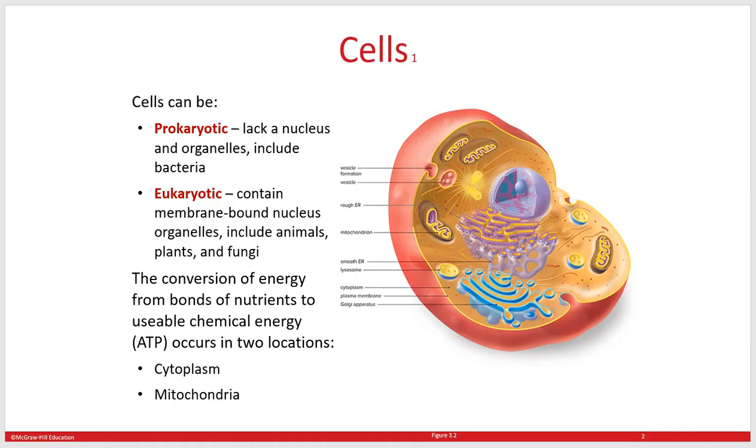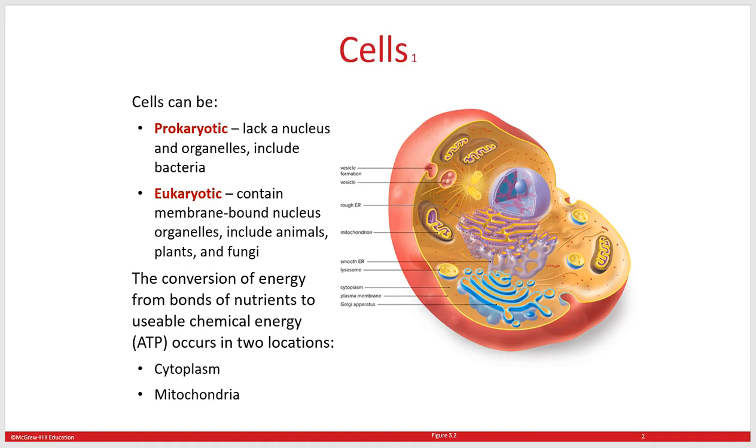We're talking about cells. In the world, there are two types of cells, prokaryotic cells and eukaryotic cells, and it's only those two options. Prokaryotes lack a nucleus and organelles, and really the only prokaryotes that exist on the planet are bacteria. Everything else is eukaryotic.